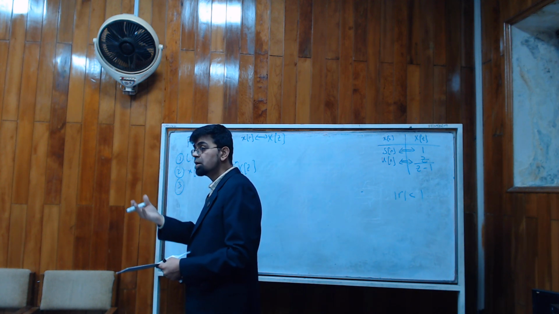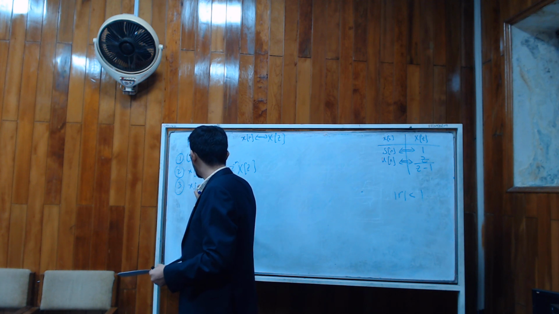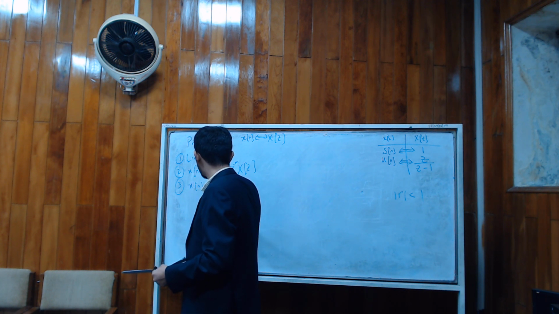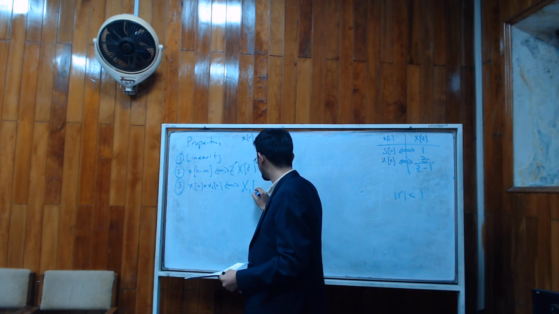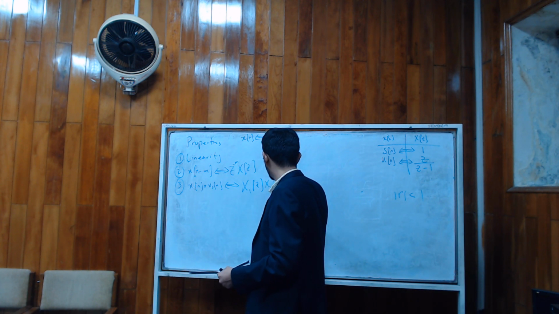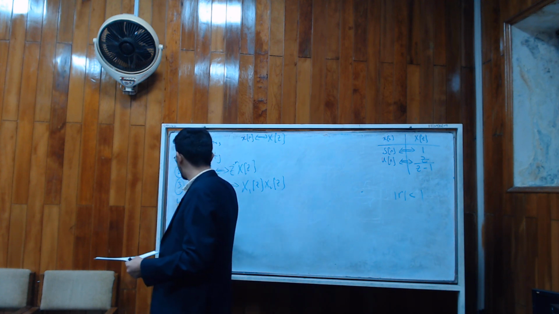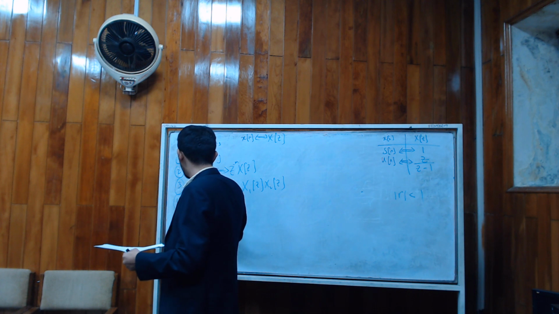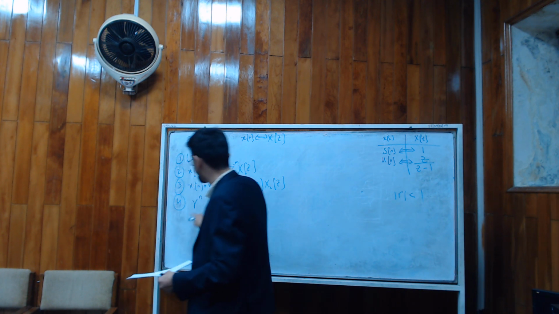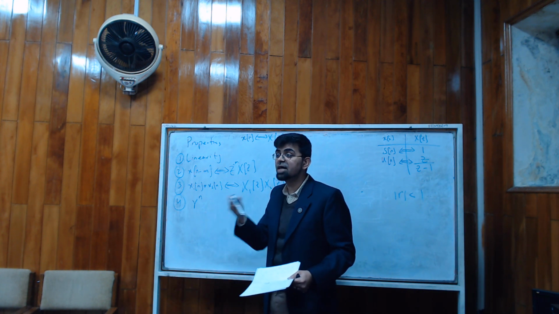You mentioned convolution, very useful. Actually, the whole story started here. It was a product, times X(z). Fourth, what else did we do? Multiplication by an exponential in time.